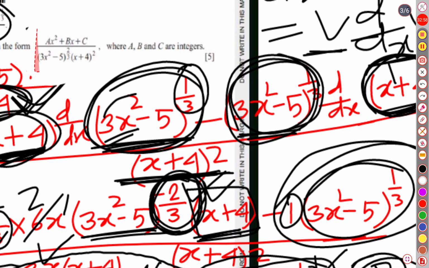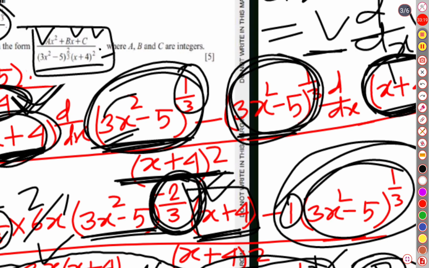It is ax squared plus bx plus c. That means beside x squared there will be a, beside x there will be b, and c is a constant number. The denominator is 3x squared minus 5 raised to 2 over 3, into x plus 4, whole squared. We have also written it in this format.